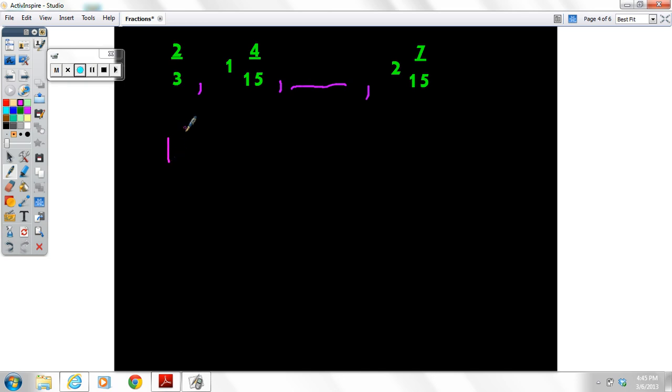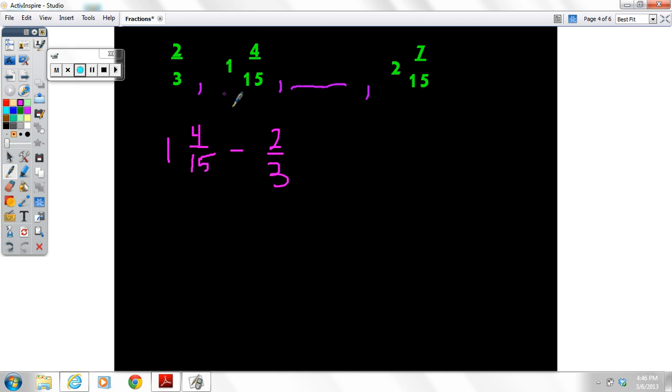And if we're subtracting 2/3 and 1 4/15, we need to make sure that the 1 4/15 is first, because the 1 4/15 is the bigger number. And we know in subtracting, we always have to have the bigger number first. So we take 1 4/15, and from that, we take away 2/3.